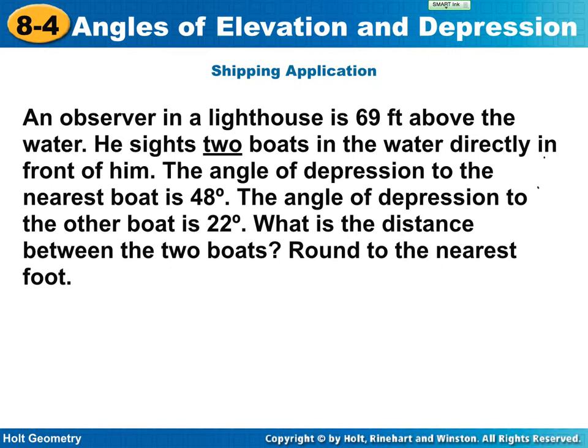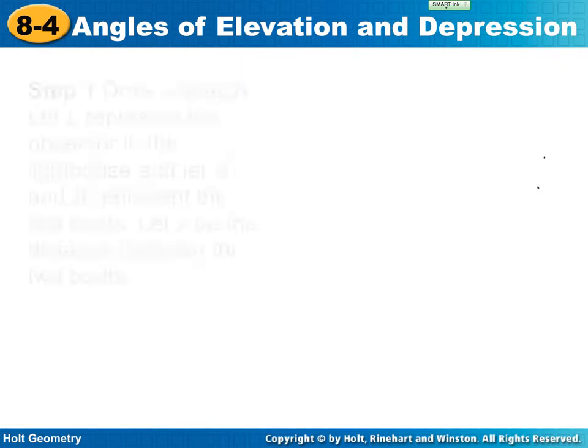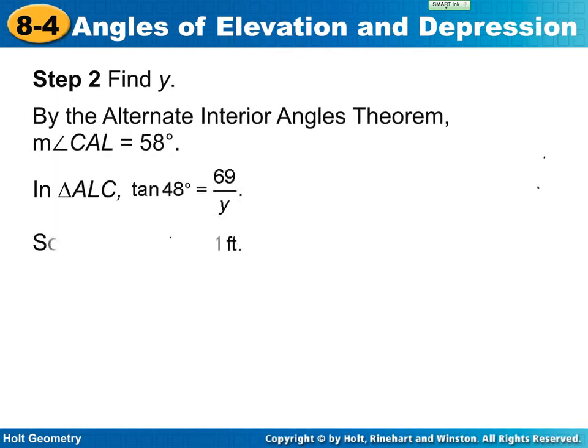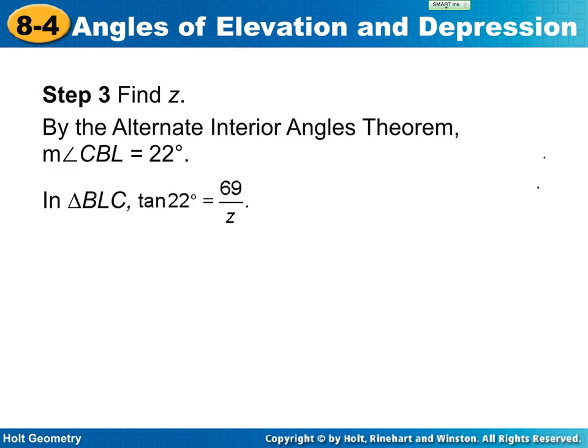And that will give you the distance between the two boats, which is how much? 108.65. So to the nearest foot, our answer should be 109. So it comes out 109, I think we said.